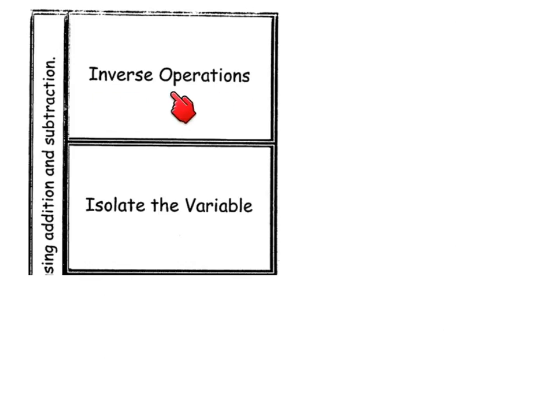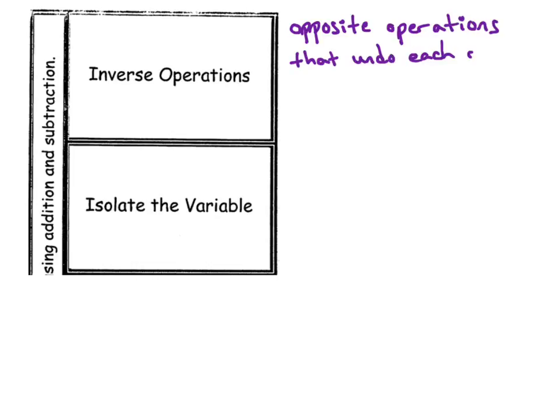So, two vocabulary phrases: inverse operations and isolate the variable. Inverse operations. You already know this instinctually, but we're using them somewhat differently today. We're looking at opposite operations that undo each other. So you've thought before about, well, what's the opposite of multiplication?